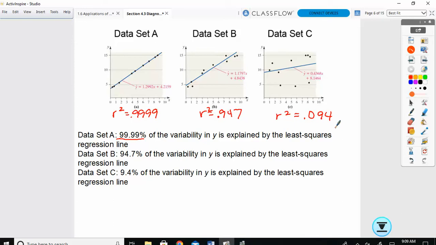So that's the first thing that we can look at, the coefficient of determination, just R squared. Second thing we're going to talk about is residuals. You guys have already been finding residuals. What is a residual? Your observed minus your predicted. So basically, how far apart is the point from our real set and what we expected from our line?